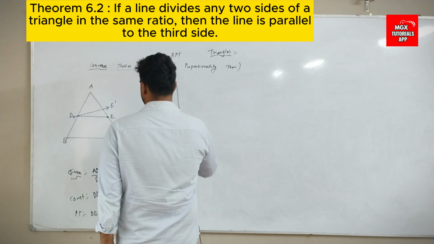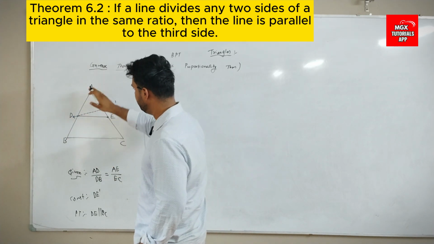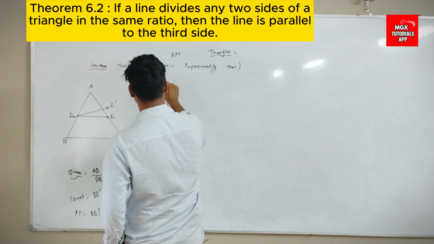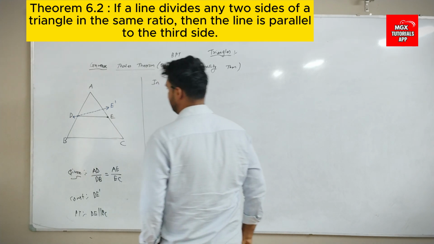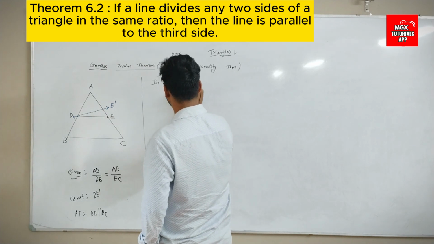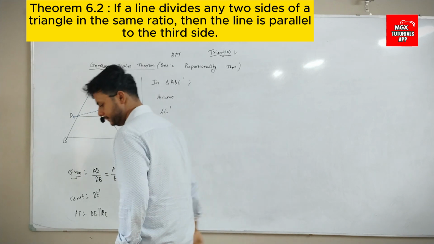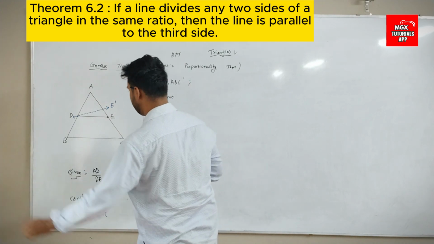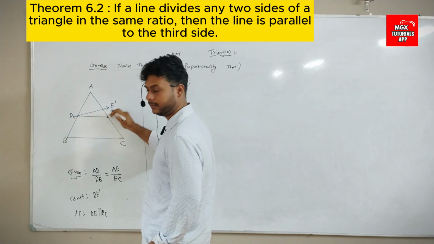Now, slowly I will start proving that. This is given: AD by DB is equal to AE by EC. Now in triangle ABC, assume that DE dash is parallel to BC.